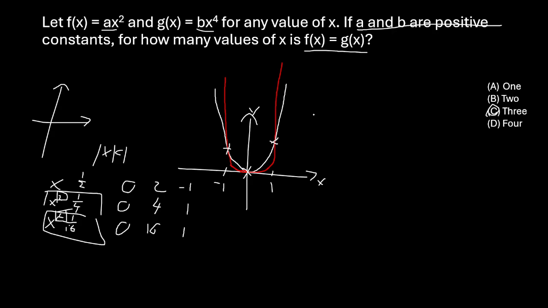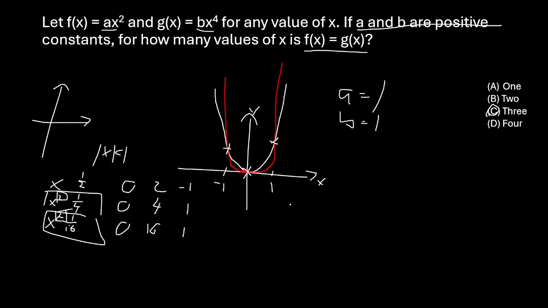That is when a is 1 and b is 1. If a isn't 1 and b isn't 1, then it wouldn't be at points 1 and negative 1, but there would be 3 points also.